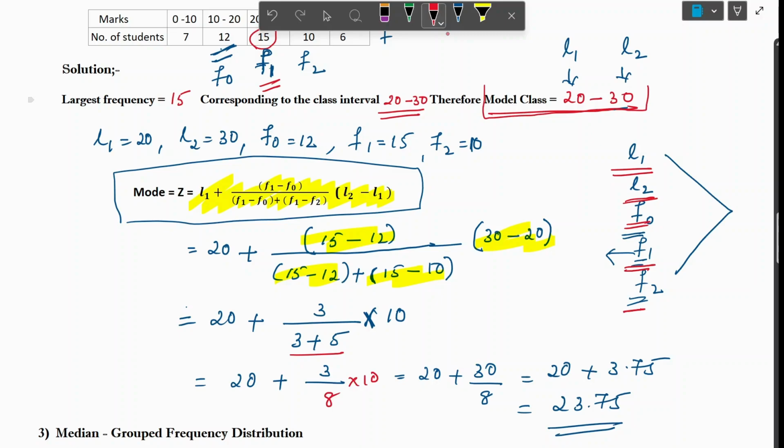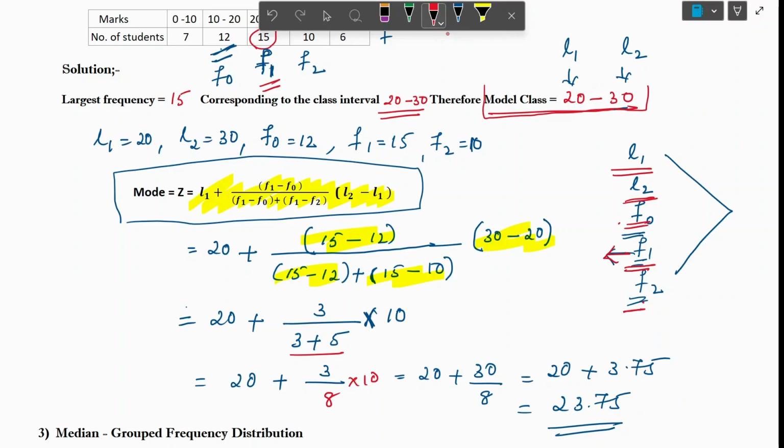Here the highest frequency was 15, so we located 20 to 30. L1 is 20, L2 is 30. The highest frequency is your F1. Just above that frequency is F0, and the one below is F2. Now substitute and go step by step to complete the calculation. Therefore you get 23.75. That means we calculated mode for a grouped, or continuous, frequency distribution.